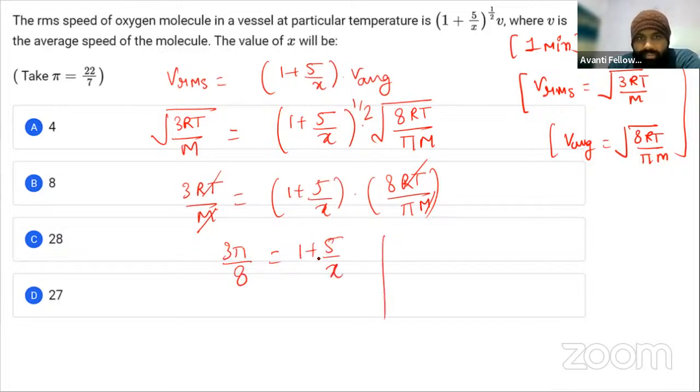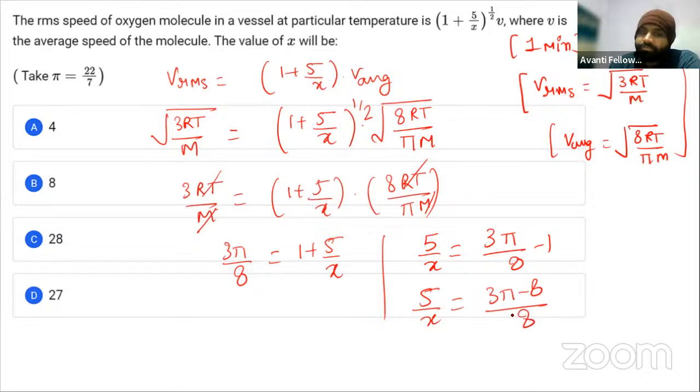Now what you will do? You will take this 1 here. So 5 by x you will have as 3 pi by 8 minus 1. So 5 by x will become (3 pi minus 8) upon 8. 3 pi means 3 into 3.14.